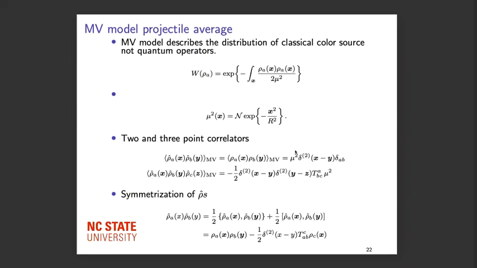One more thing is that in order to describe the data qualitatively well, we introduce a radius for the projectile. If we introduce a translationally invariant source, then the projectile is infinitely large, which doesn't make sense. Also, the v2 you calculate from the translationally invariant projectile monotonically decreases, which is not what data shows.